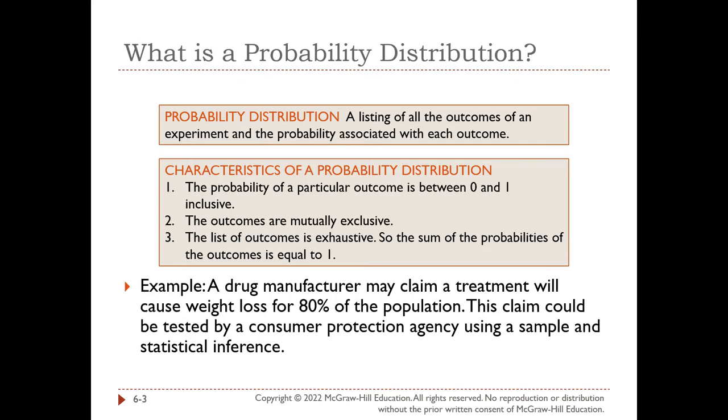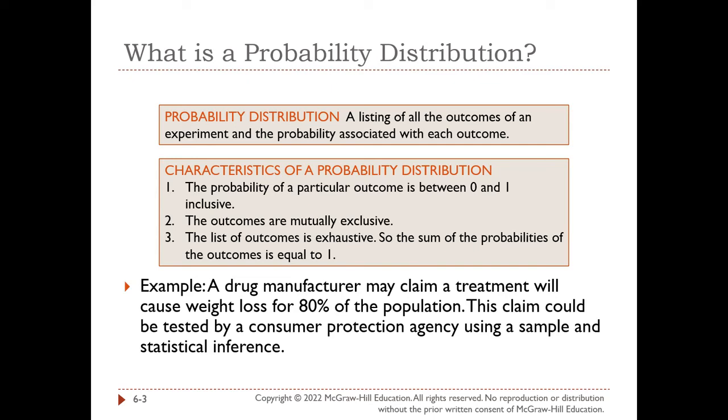Starting off first, what is a probability distribution? Well, a probability distribution is a listing of all the outcomes of an experiment and the probability associated with each outcome.